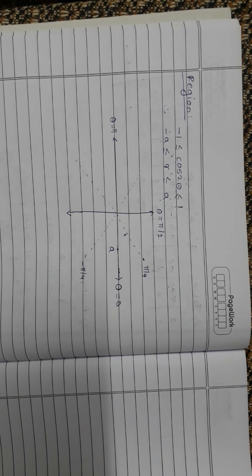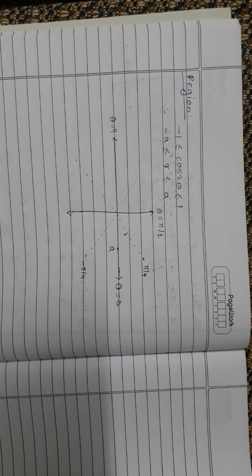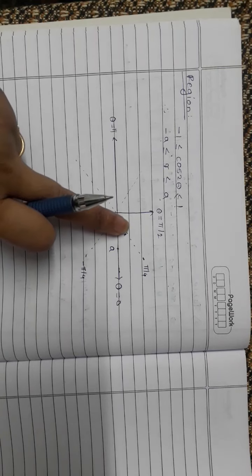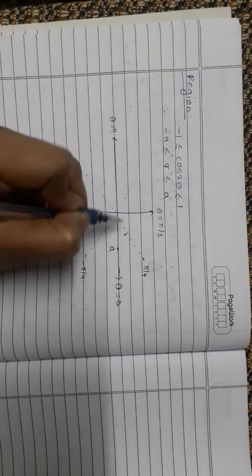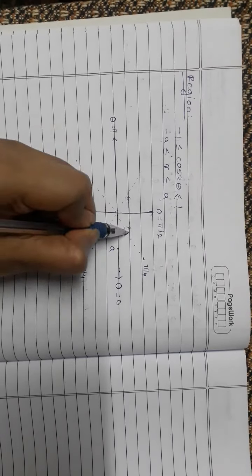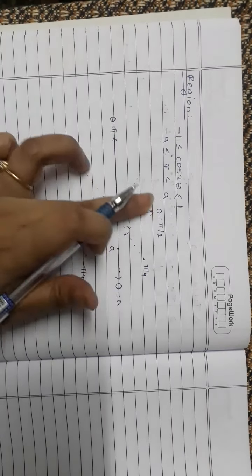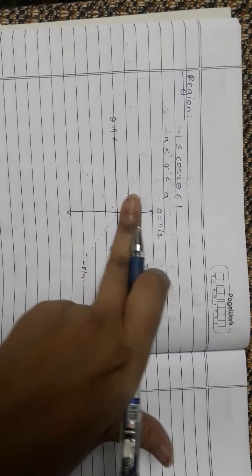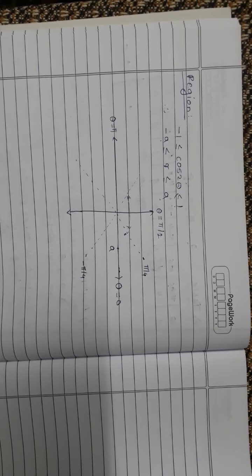And you need to continue like this, right? Then at pi by 3 and pi by 2, it is becoming imaginary, so that means in between these two tangents there will be an area of absence, since in this portion r is becoming imaginary, right?